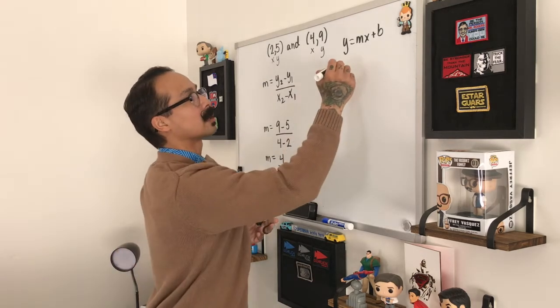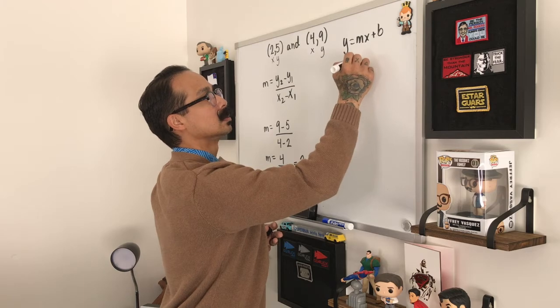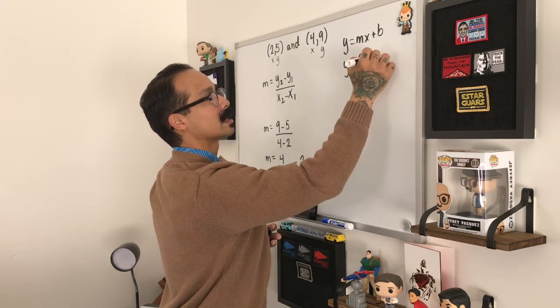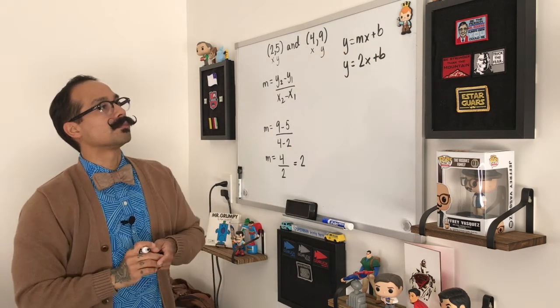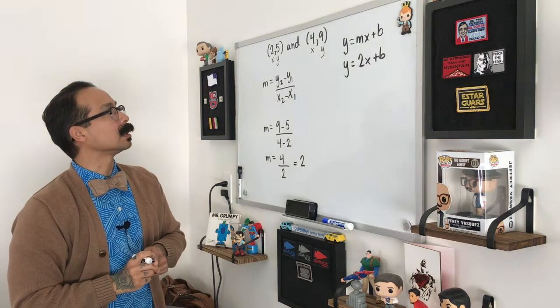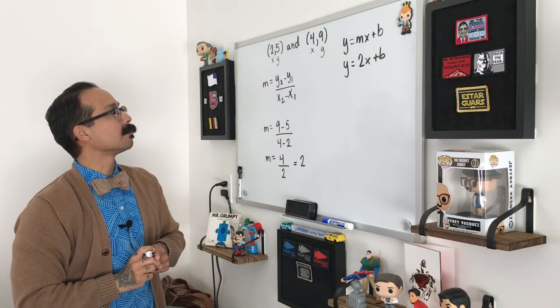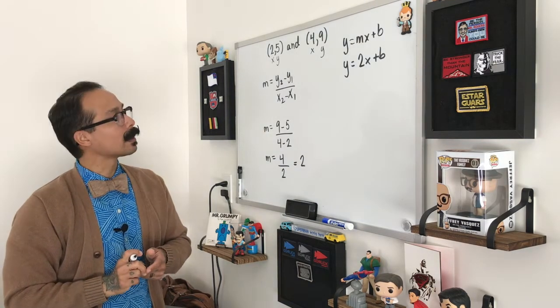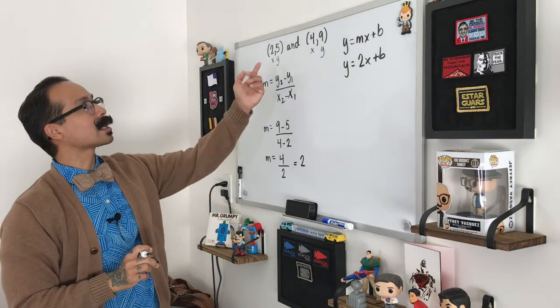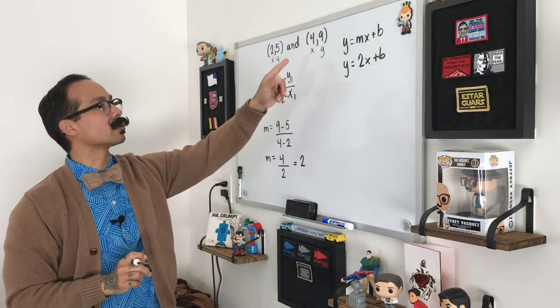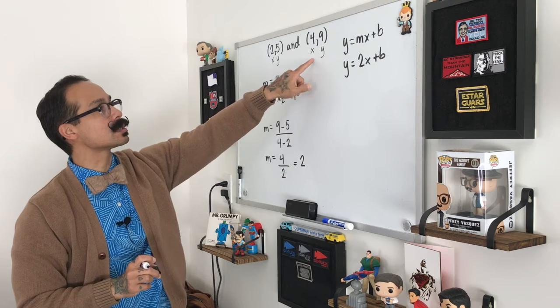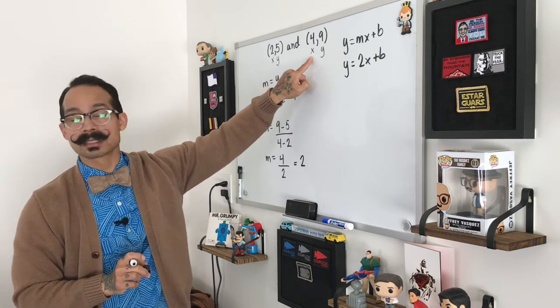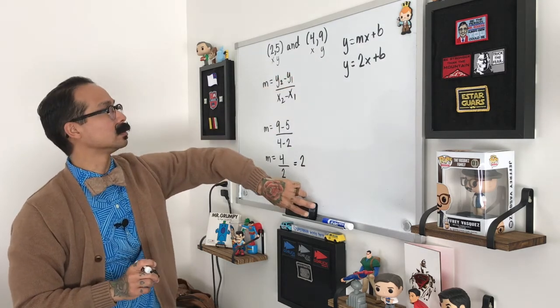So I've got part of my equation down. y is equal to 2x plus b. But what's the b? How would I do that? Well, I could actually take one of these ordered pairs and just substitute, since I know that this is an x value and a y value.